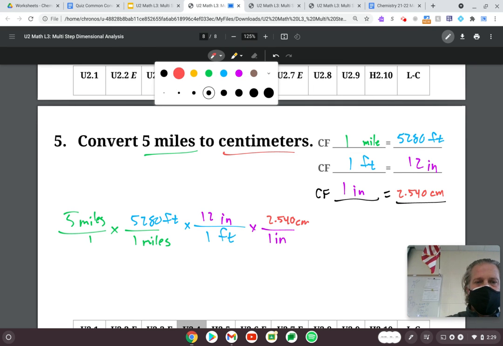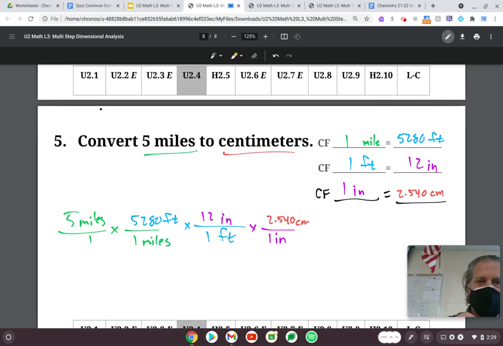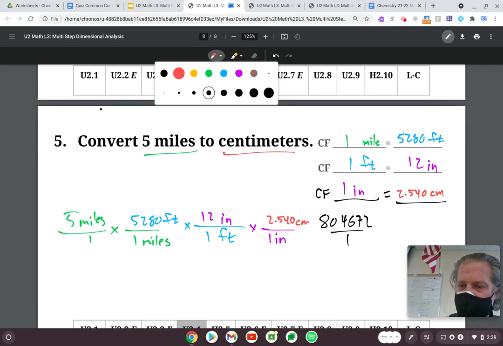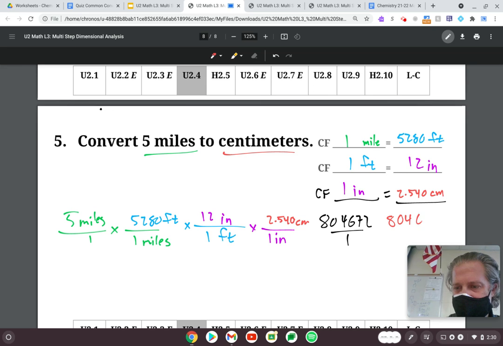And if we do it that way, you get something like 804,672 centimeters.